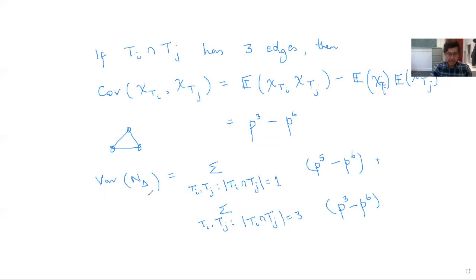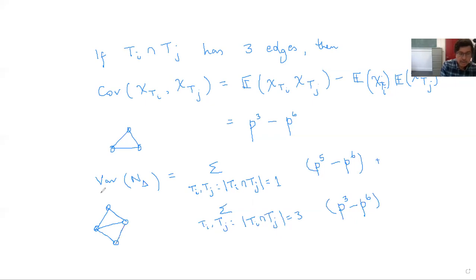So in order to calculate the variance, we have to count how many terms are in this sum and how many terms are in the second sum. Okay, so in how many ways can we pick two triangles in the complete graph which have one edge in common? So what are we picking in this case? We are picking two triangles that look like this.